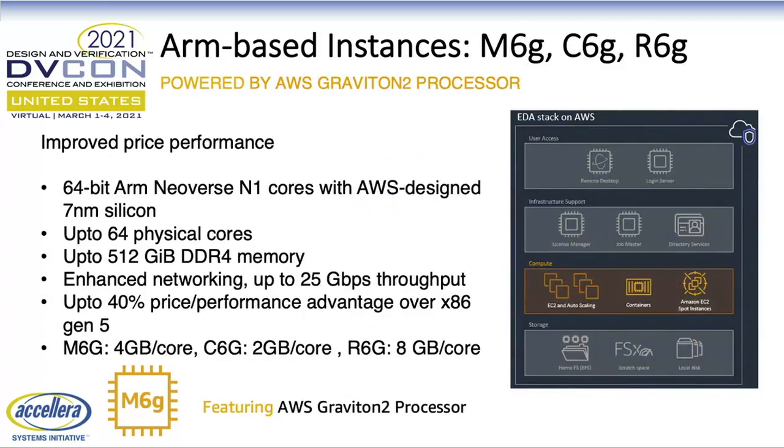So typically when we deploy an EDA stack on AWS, it's usually composed of multiple layers, as you can see on the diagram here. And that's where we would use a solution like the Scale Out Computing to help us deploy that EDA stack.